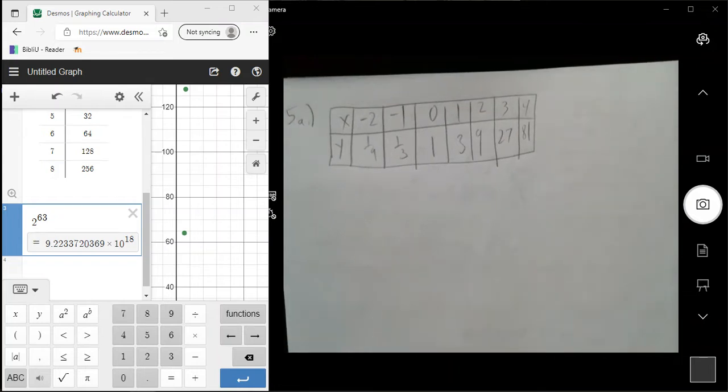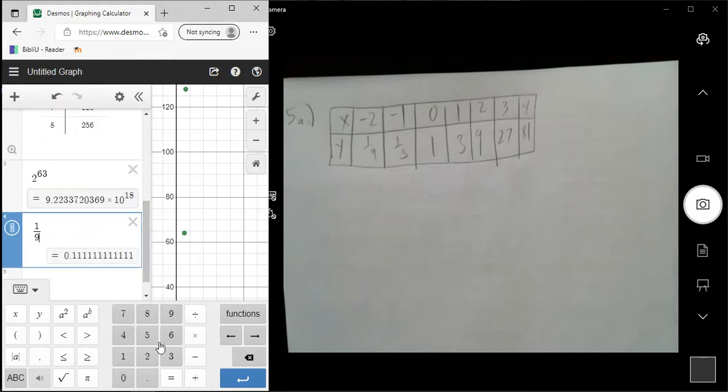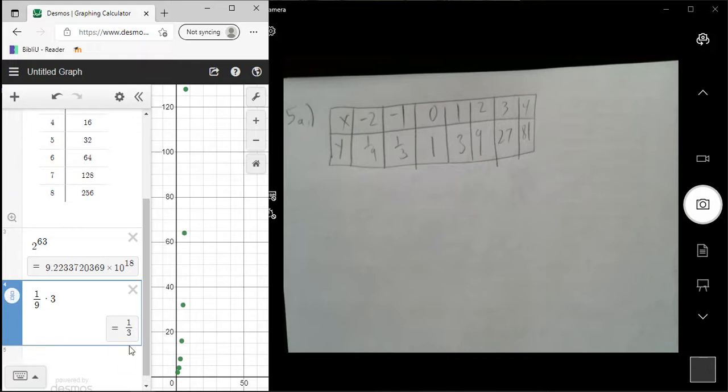So we're going to test that theory by going here and taking 1/9 and multiplying by 3. Now it gives us this decimal, but we know when we push this here, it will give us the fraction. So multiplying this by 3 gave us 1/3, and then 1/3 times 3, we know it would be 3 over 3, which is 1.